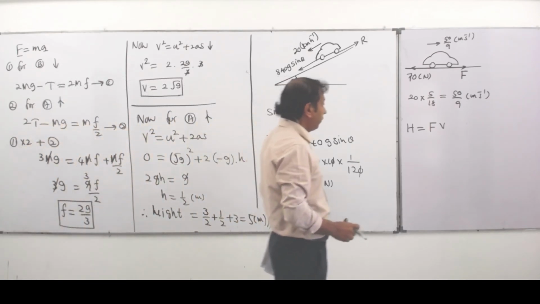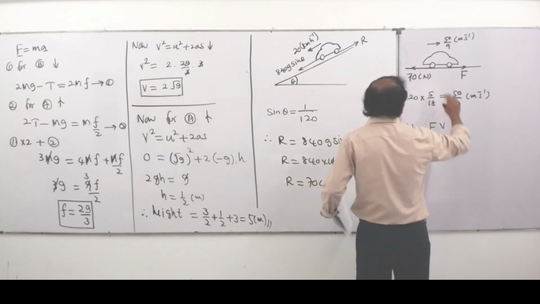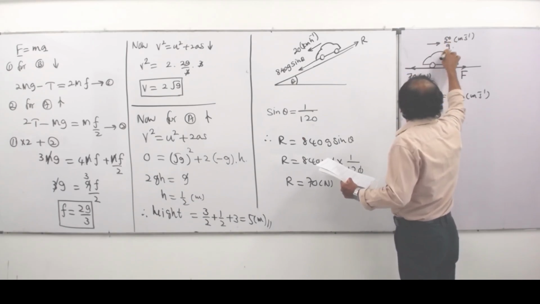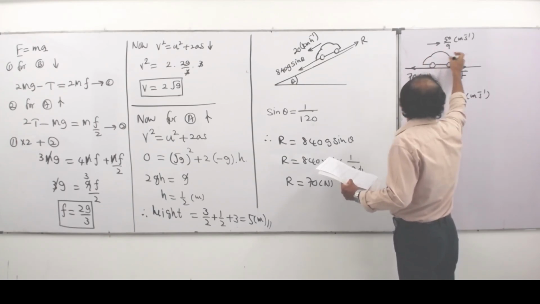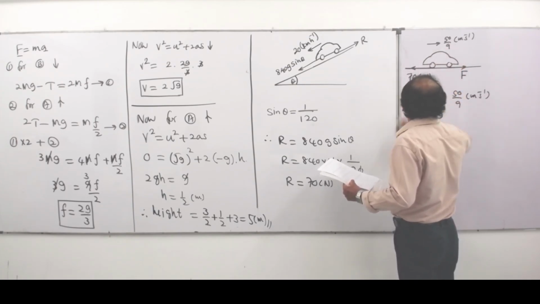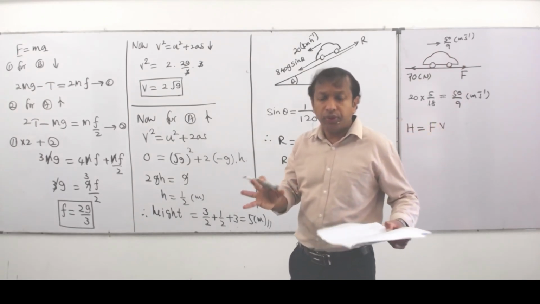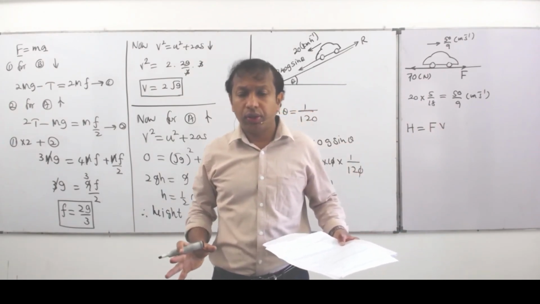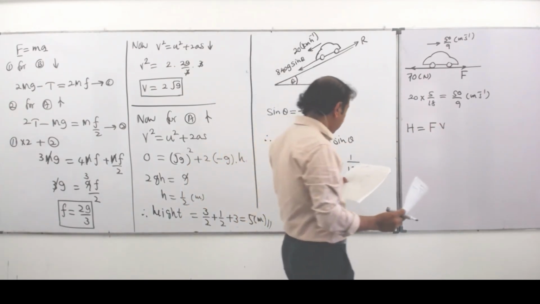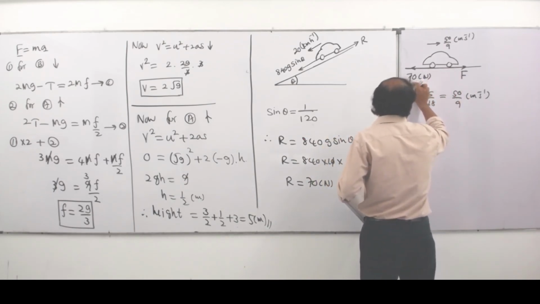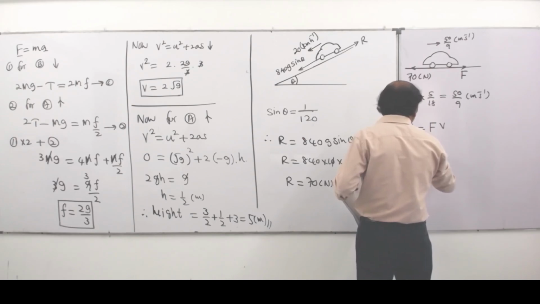Okay, right. First of all, people, we know again when the car moves with uniform velocity, no acceleration. When it maintains uniform velocity, no acceleration. No acceleration means the resultant force acting on the car should be 0. So therefore, here also we can say F should be equal to 70.